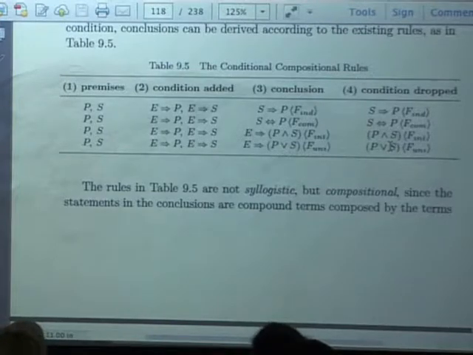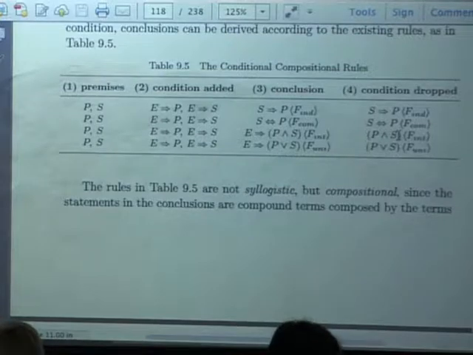Mm-hmm. Yes and no. On one hand, yes, if you check this side, you will see it's pretty similar to what happened in predicate calculus. In predicate calculus, disjunction, conjunction, implication, equivalence are all defined by a truth table, right? Okay.